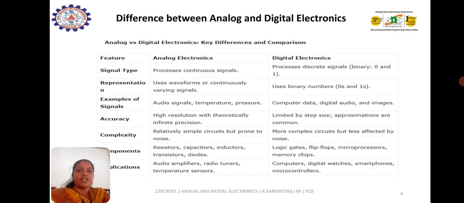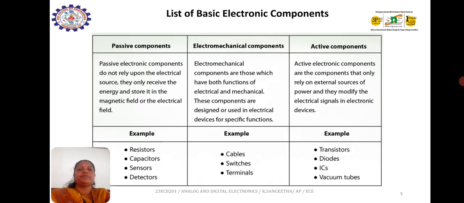Applications of analog electronics are amplifiers, switches, temperature sensors, and computers, digital watches, smartphones are the examples for digital electronics.